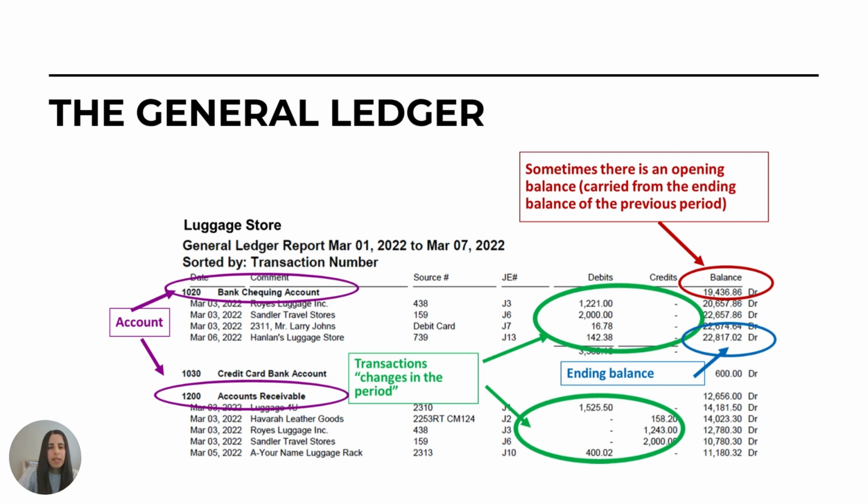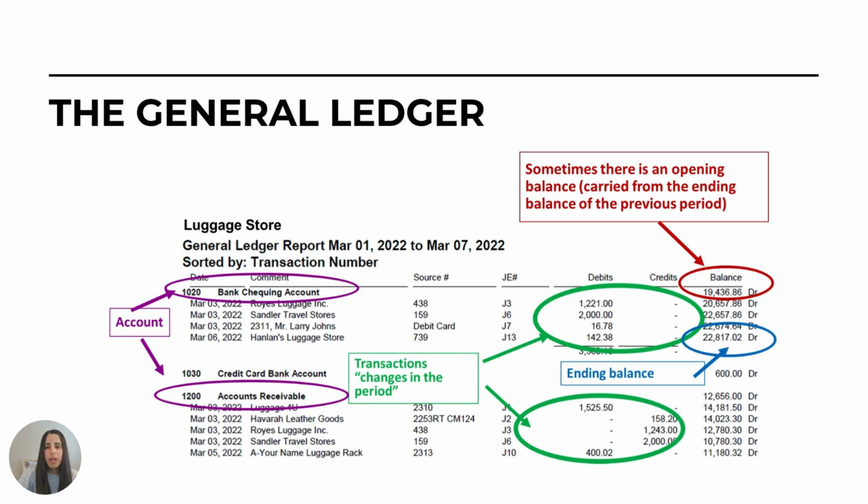Okay, and then you can see where I've highlighted in purple, we have 2 accounts being listed. First, we have the bank checking account. Okay, so that's an account. And then the second account is accounts receivable. Okay, so there is a ledger for each account. Then in green, you can see that we have transactions for each one listed, and these are the changes in that period.